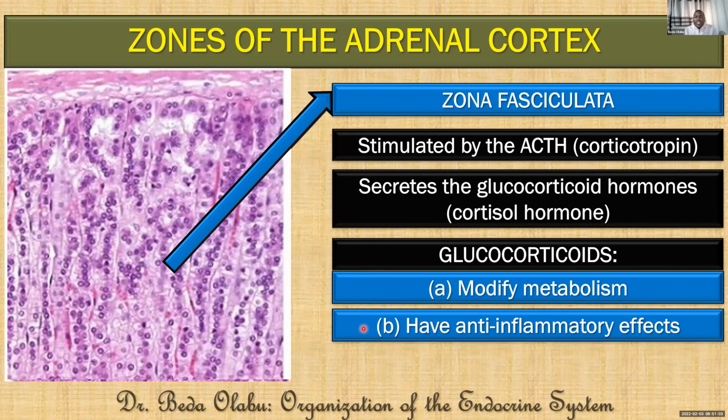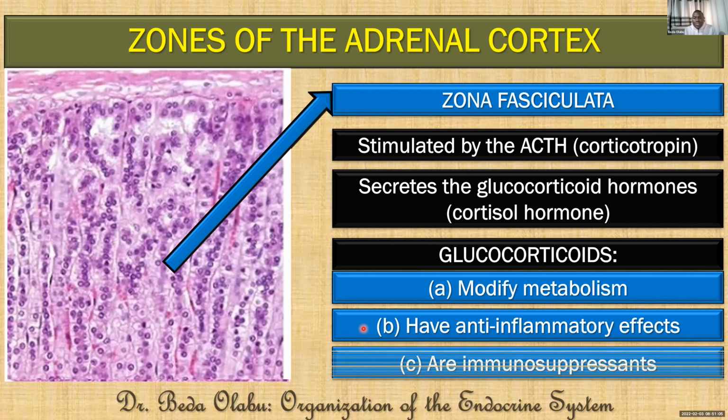Last but not least, glucocorticoids also suppress the immune system. They're immunosuppressants, and that's why, again, they can be used in some conditions where you need immunosuppressive therapy. That is zona fasciculata.